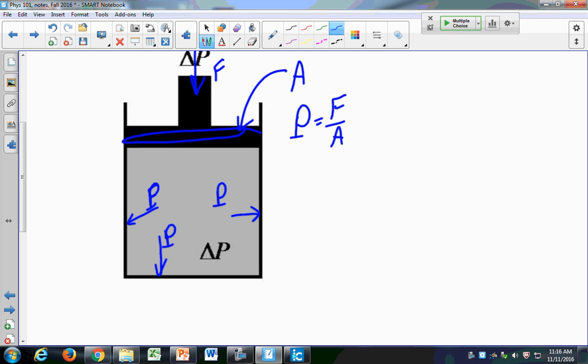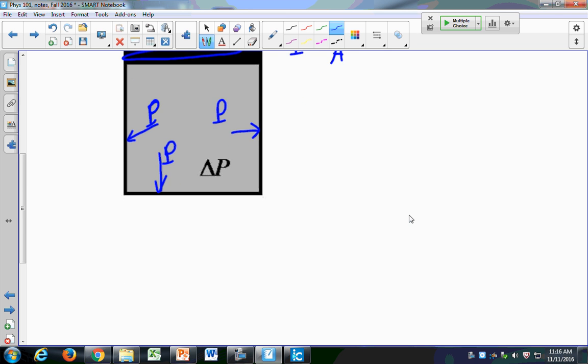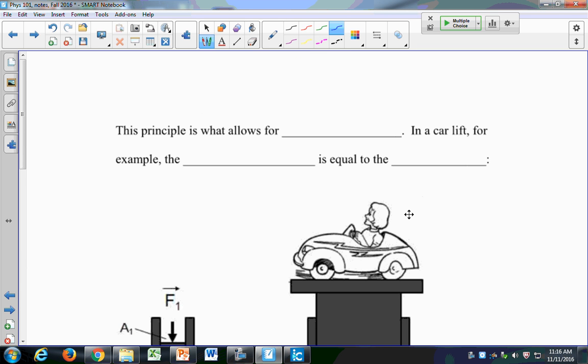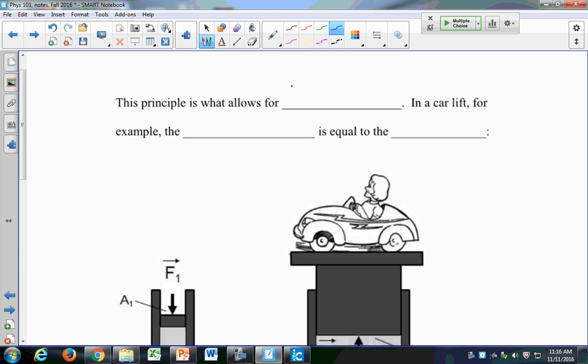All right. Now we can use this in hydraulic lifts. Let me go to the next page. So this principle is what allows for hydraulic lifts, and primarily, this is what we'll be looking at for Pascal's principle. In this case, the input pressure is equal to the output pressure.